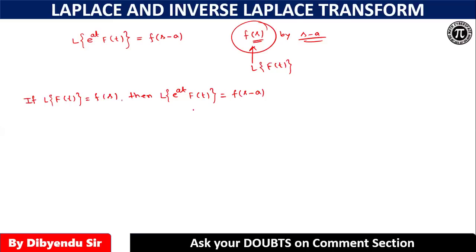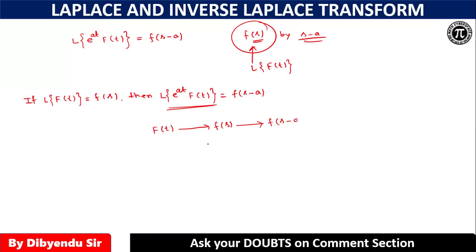So the first step is you have to find out what is f of t. Then from f of t you can find out f of s. After getting f of s, you can use the formula of the first shifting property. So from here you just have to replace s by s minus a.